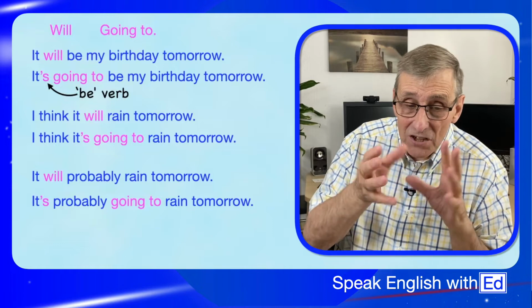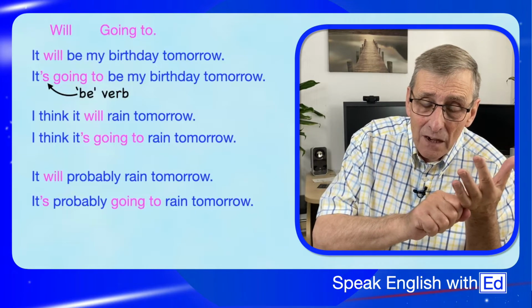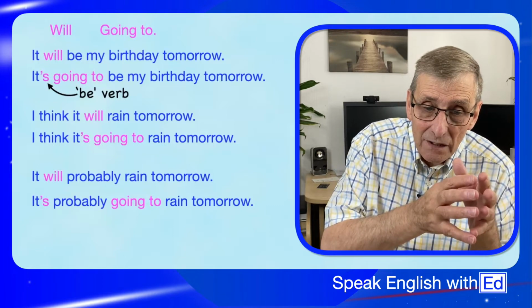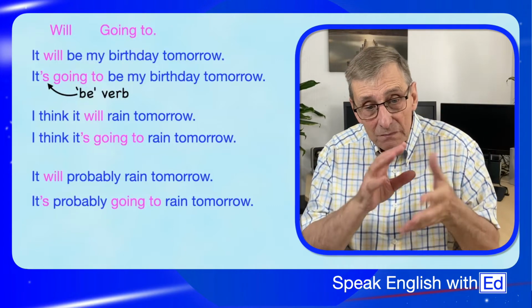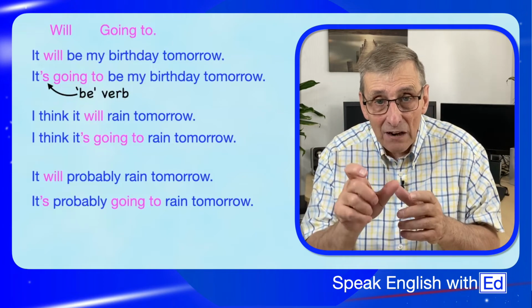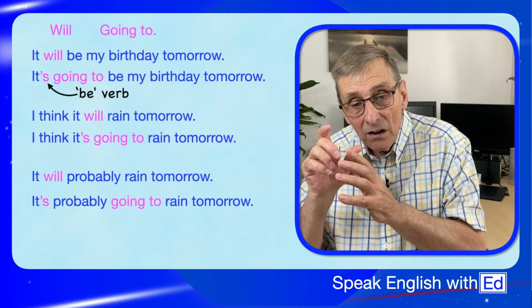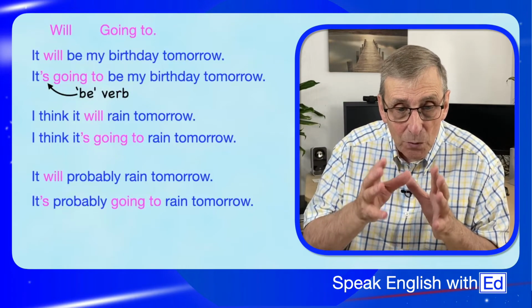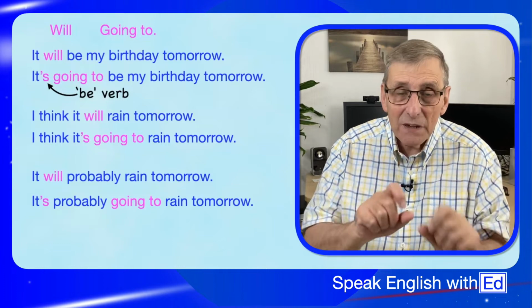So it's just slightly different, because the verb to be has to go behind the pronoun, so you need the to, and then an adverb probably, and then the going to rain tomorrow. So you must put probably in between there.